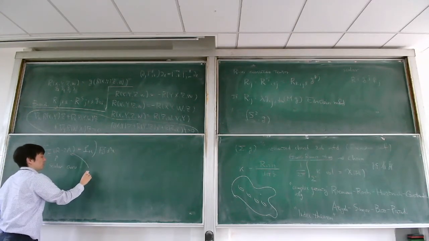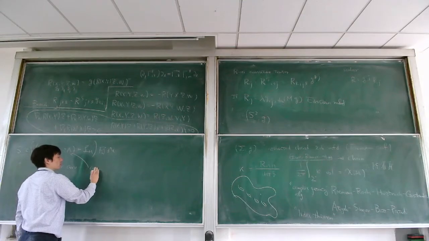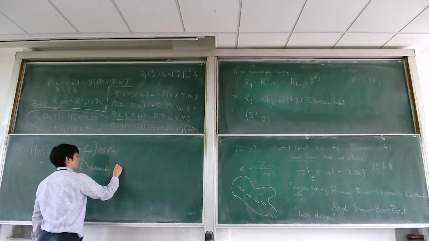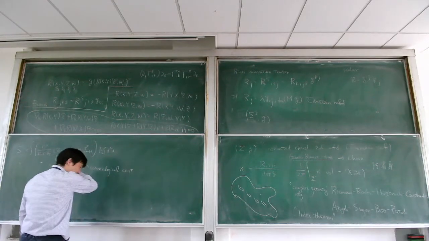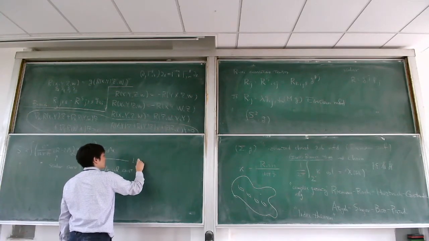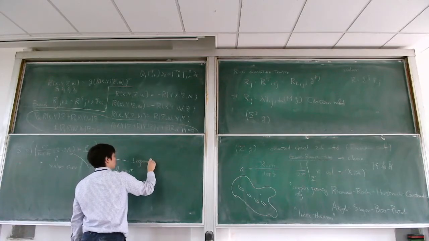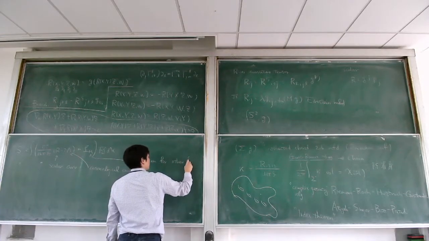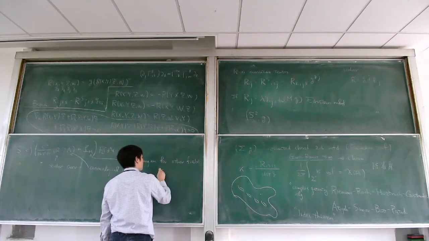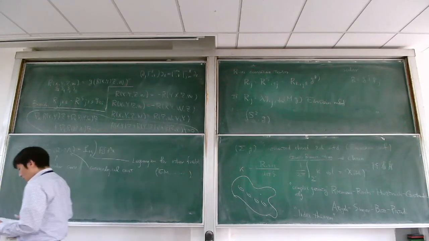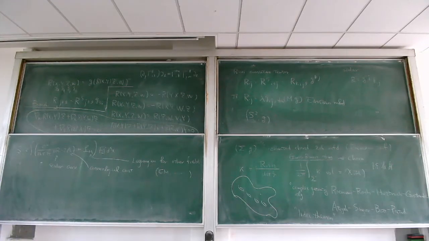Lambda is the cosmological constant. And then L_m is the Lagrangian for other fields. It can be anything, electromagnetism, whatever. Some matter and so on. So this is called the Einstein-Hilbert action.